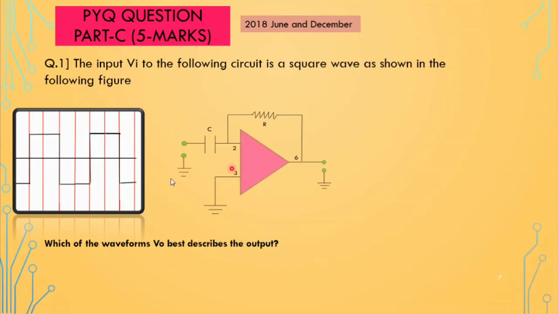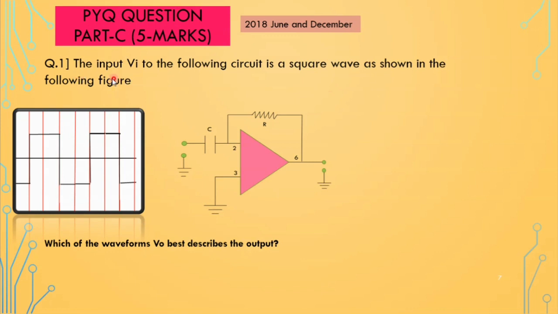This is a previous year question that was asked in June and December 2018 in Part C for 5 marks. Here they gave 4 options, but in those 4 options no single option is correct. So that's why all the students who attempted that question were given the 5 marks.